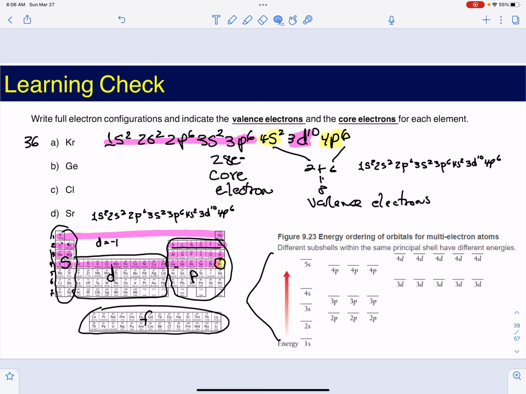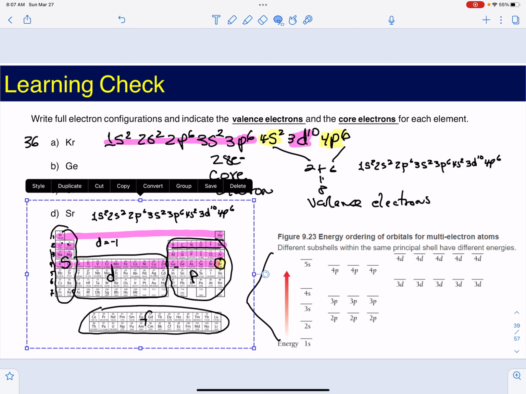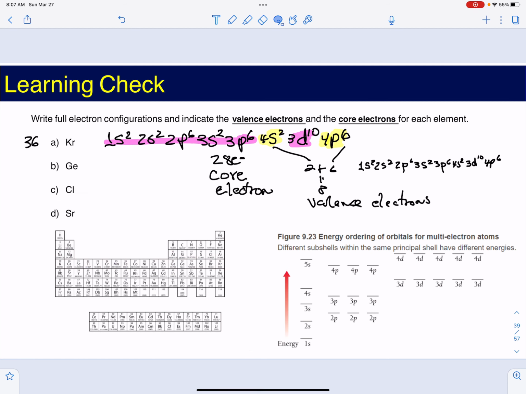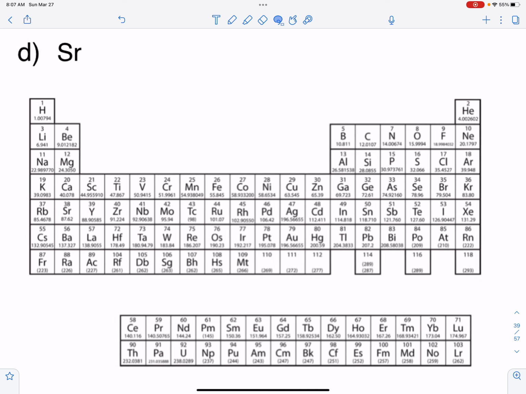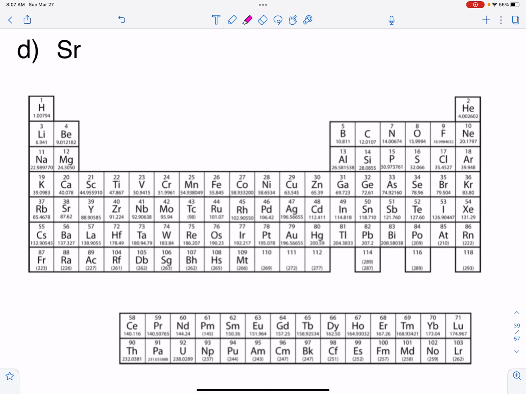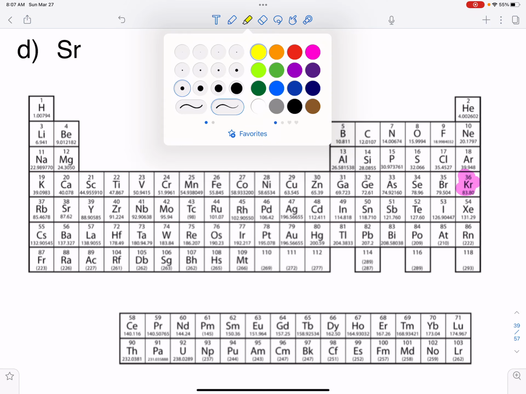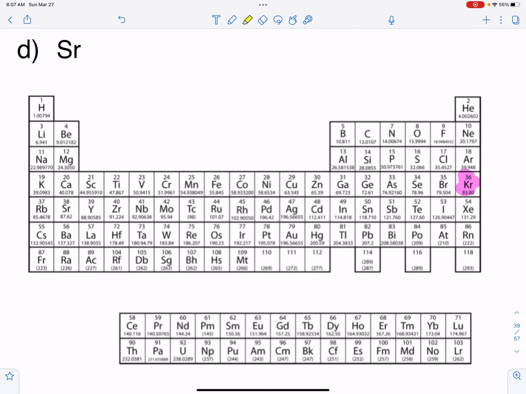Another way to do this is you can take the periodic table and you can say, I'm doing krypton. I'm gonna look for the noble gas before krypton, which is gonna be argon.